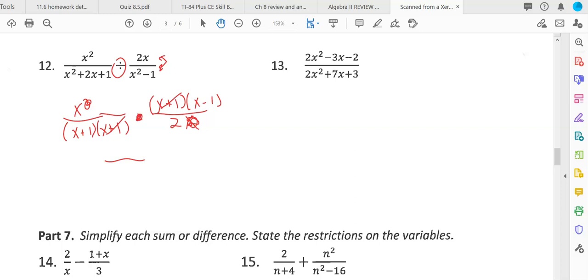I flipped it, right? So it becomes a multiplication sign right there. Sorry, x times x minus 1 over x plus 1, and that's being multiplied by 2, I believe. If they ask for restrictions, x can't be 1 or -1 or -2.